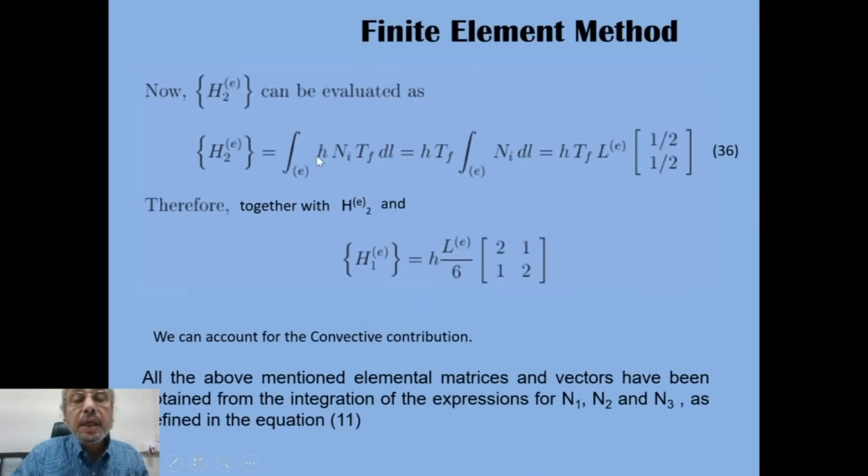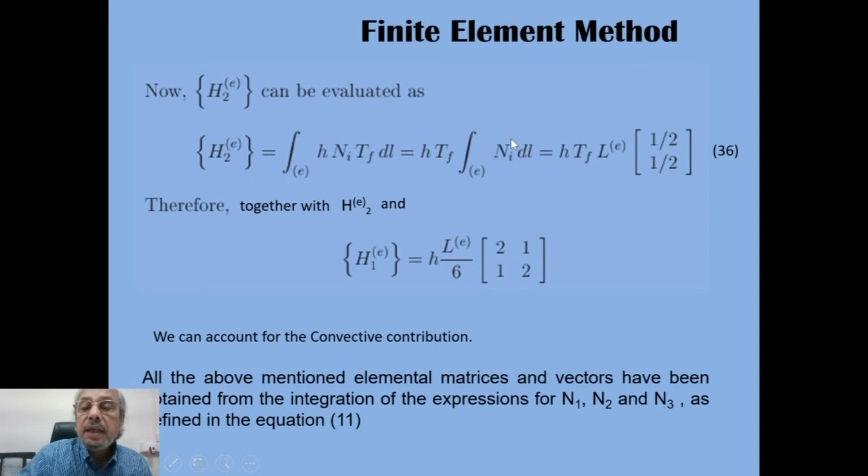H2e is the integral of h Ni Tf dl. As I said earlier, Tf is known and constant, so it will come outside, and then it is the integration of Ni dl. So h Tf into L, the total length of the line segment, half and half.